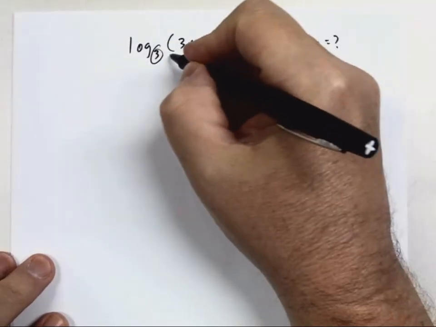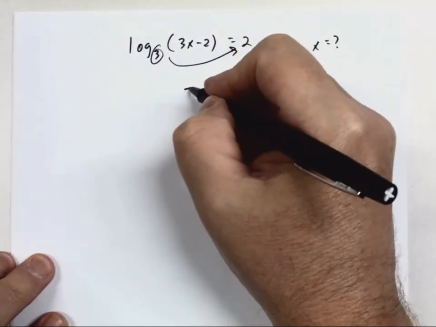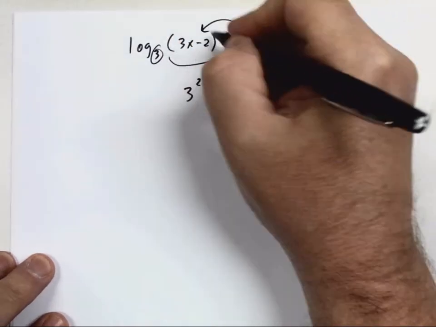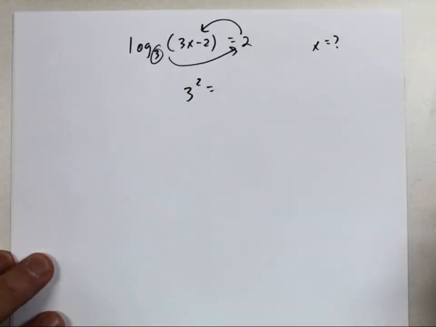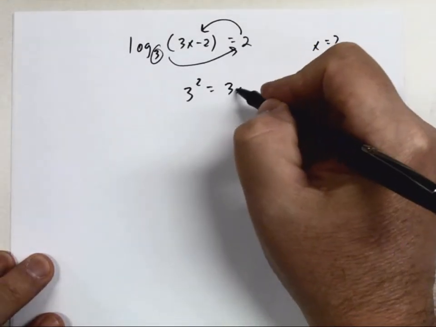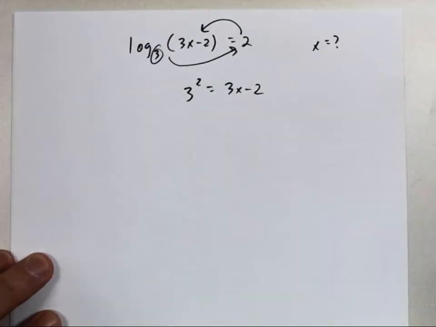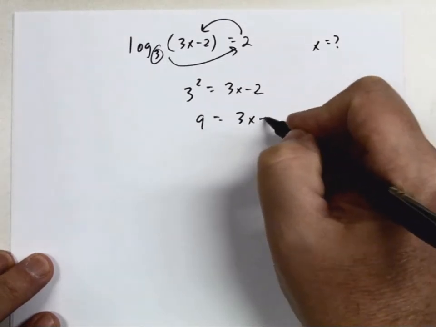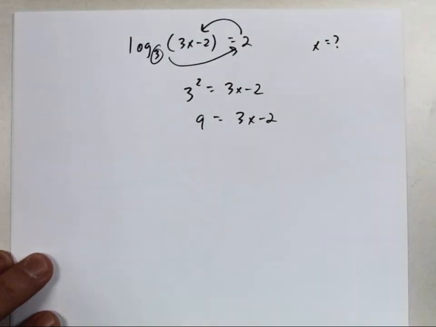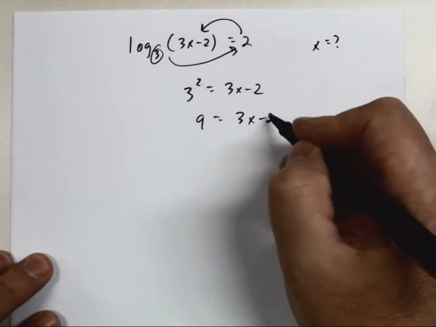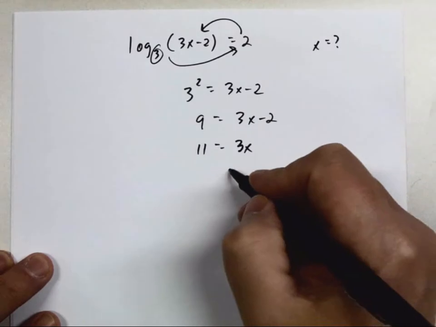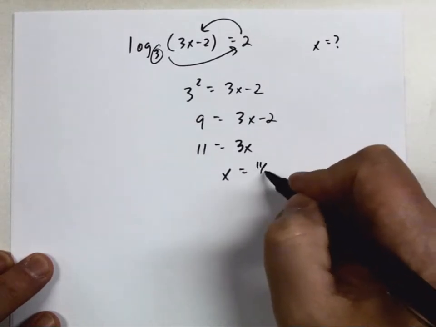Circle method. 3 squared equals this whole thing, whatever's inside the log. 3 squared is 9. Ends up being a pretty easy equation to solve. Add 2 to both sides. Divide both sides by 3.